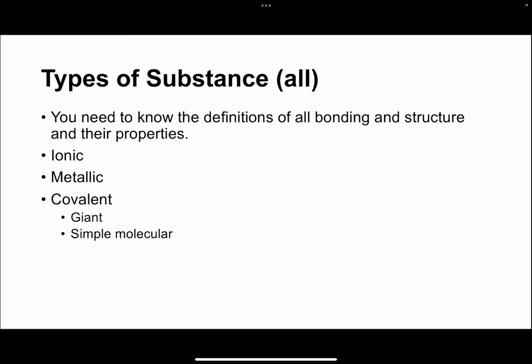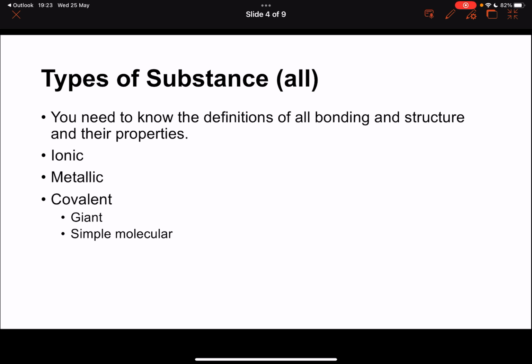The first thing I want to start with is that you will get some questions on type of substance. So make sure you can differentiate between ionic, metallic and covalent bonding. Both ionic and metallic bonding have structures that are giant ionic lattices or giant metallic lattices, which have high melting points because ionic substances have strong electrostatic forces of attraction between oppositely charged ions.